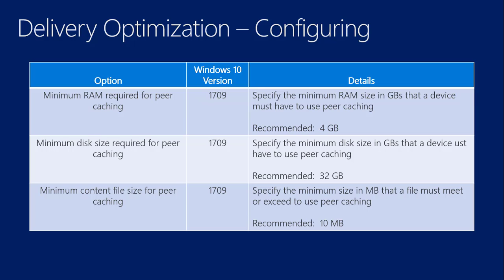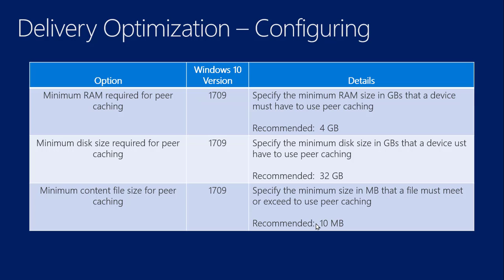Minimum content file size for peer caching. So the recommended is 10 meg. What this really is saying, well, actually, as I think about that, I think I've seen it 10 meg in one place, 100 meg in the other. Bottom line is it's up to you to decide what you want to do. In my case, I set this to 1 meg, right? Why?